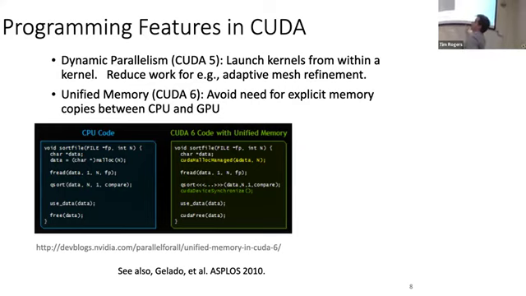One consequence of this is that since you don't have explicit mem copies, when you call the kernel, you actually have to synchronize afterwards. Because remember, your mem copy was the synchronization boundary because it was a blocking call. In this little CUDA 6 piece of code, I called qsort, and then I was trying to use the data that the GPU produced on the CPU in the second last CPU line there.